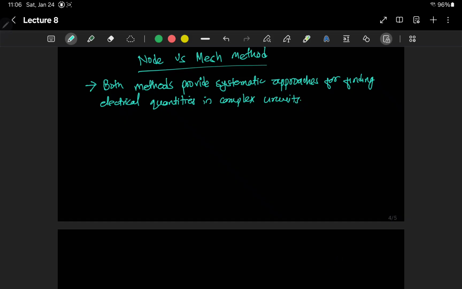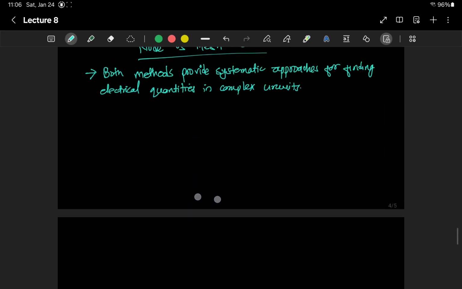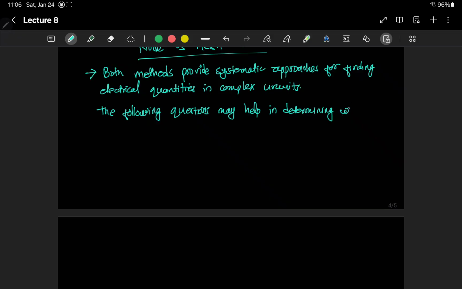But how do you know which method to use? There are a few steps that might actually help. The following questions may help in determining which method to use.